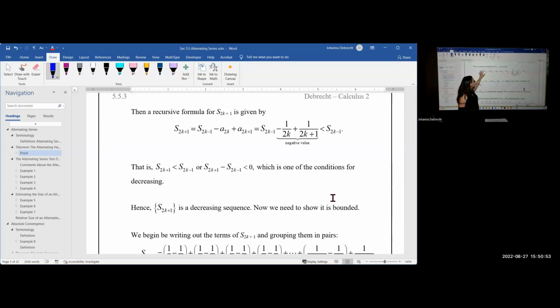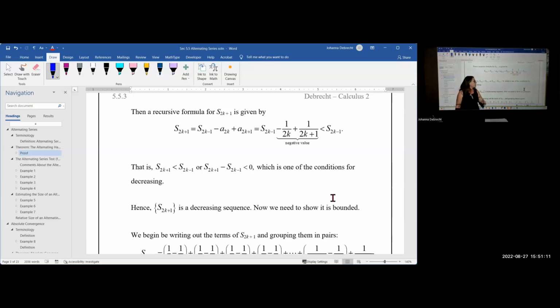And this is a recursive definition because I've got to know the partial sum two in front of it in order to know what S sub 2k plus 1 is. But by definition of the alternating harmonic series, a sub 2k is negative 1 over 2k.